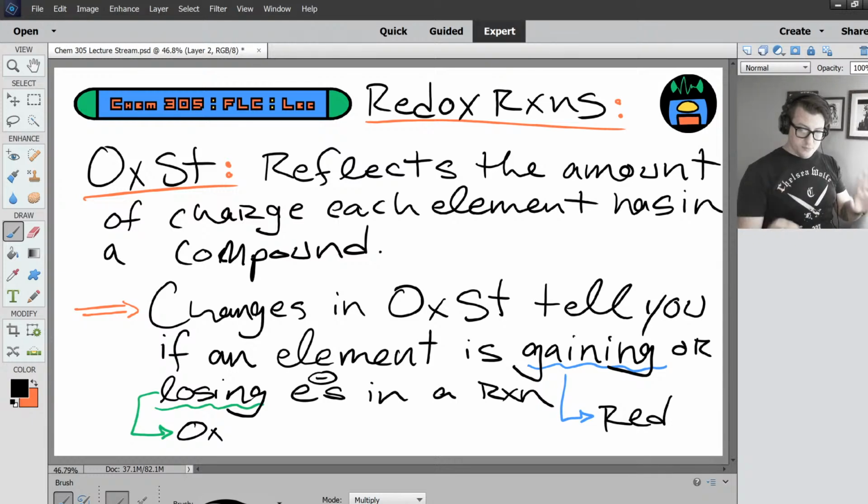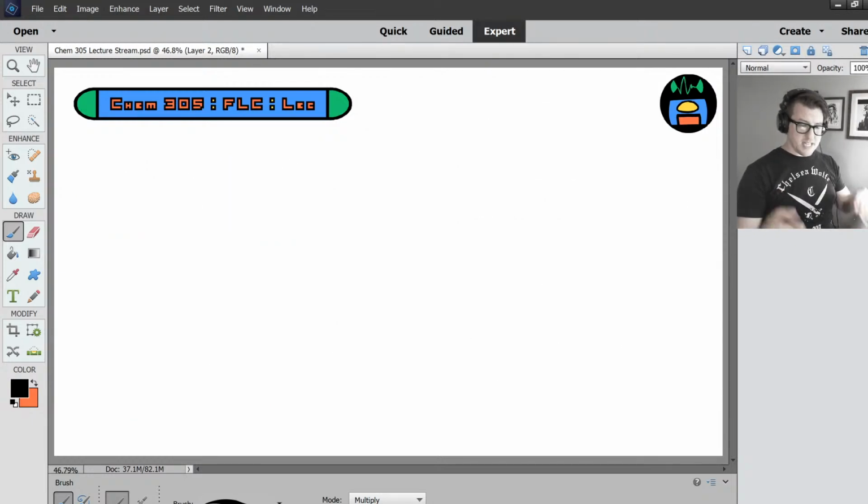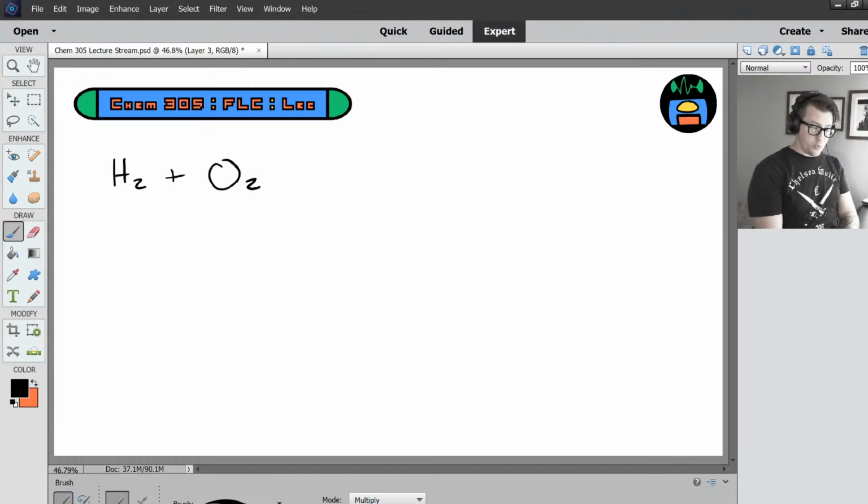With that refresher in place, let's use our knowledge of assigning oxidation states to analyze the chemical equation that I wrote on the board yesterday: the combustion of hydrogen with oxygen to produce water.